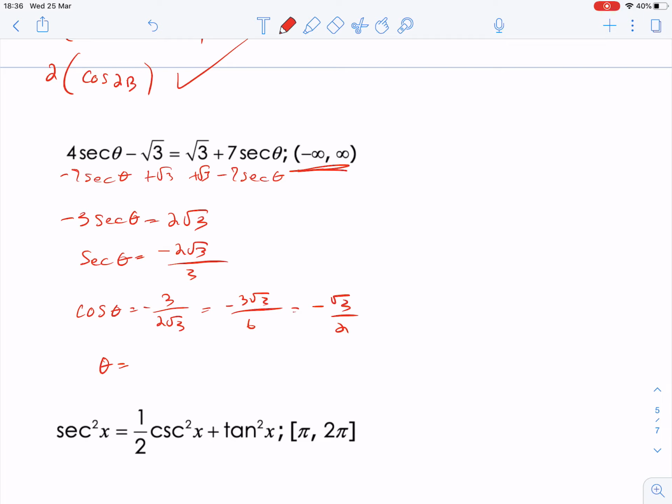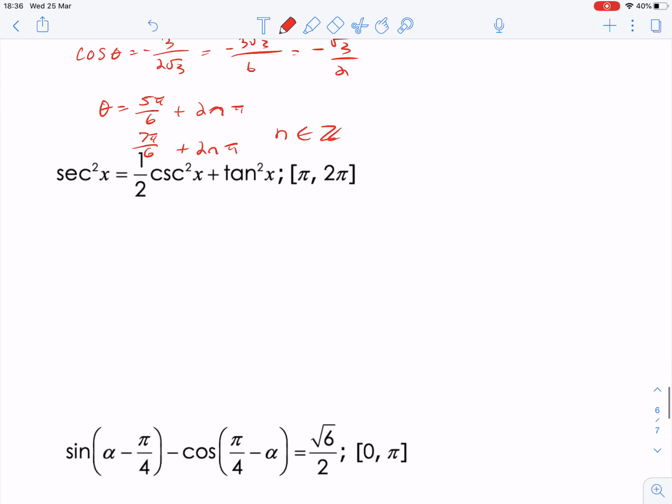It's got to be in the second or third quadrant. So second or third quadrant would be 5 pi over 6 and 7 pi over 6. And since it's got to repeat forever, we have to have this, where n is an element of integers. All right, there's your answer. Next. Okay, let's take a look at this.